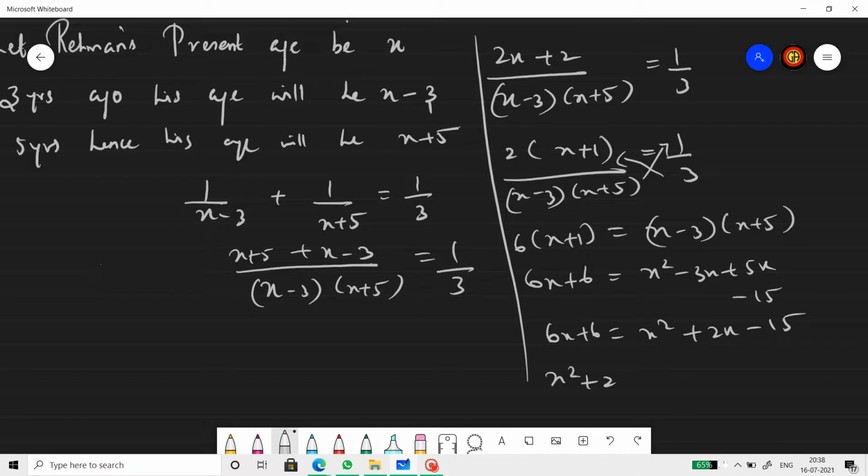So x square plus 2x minus 6x minus 15 minus 6 is equal to 0. So x square minus 4x minus 21 equal to 0.